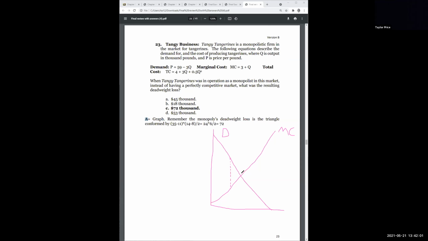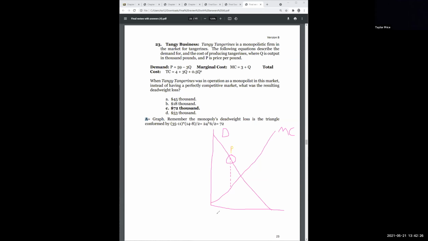So similar to the taxation questions where they're asking you about deadweight loss, you need to find the price that consumers are paying for the goods. So this is, let me write that in a different color, this is the price that consumers are paying in the market for that good.